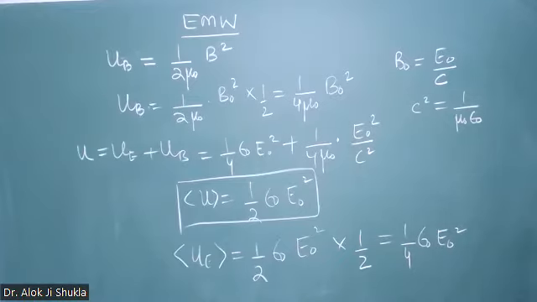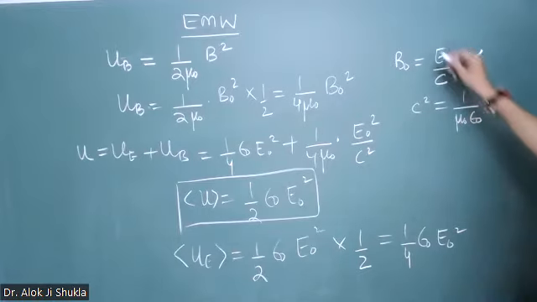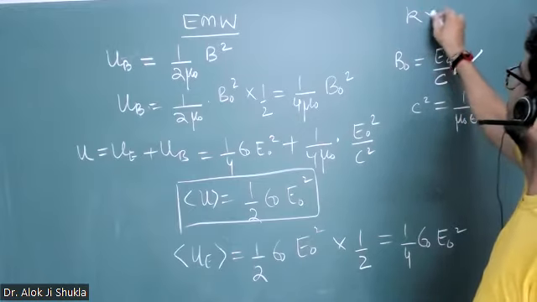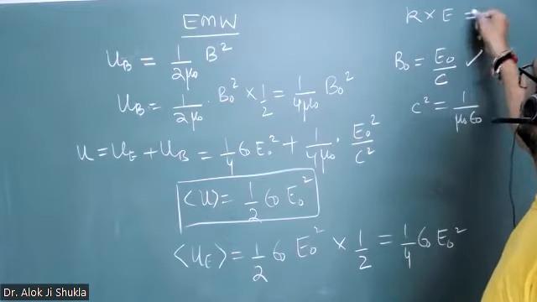Does everyone understand? This is okay? K cross E is equal to what was it?